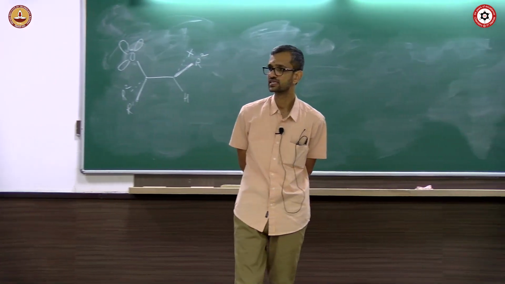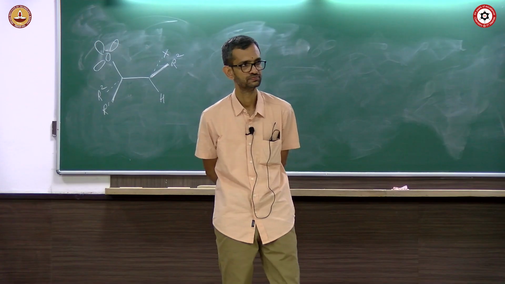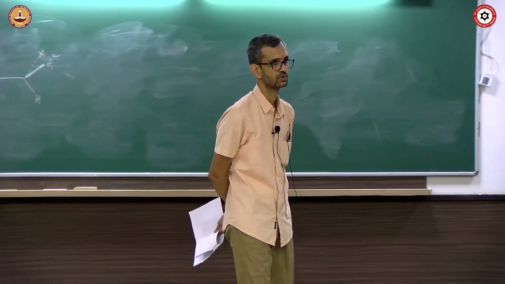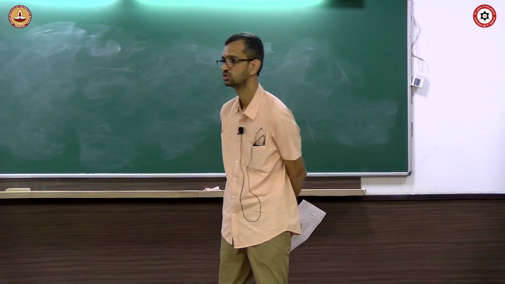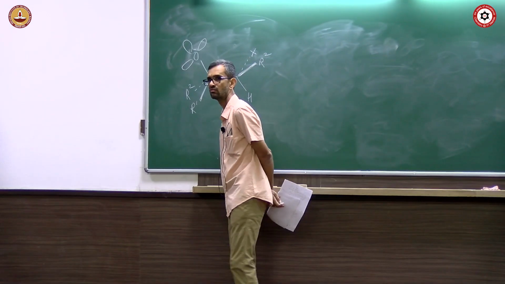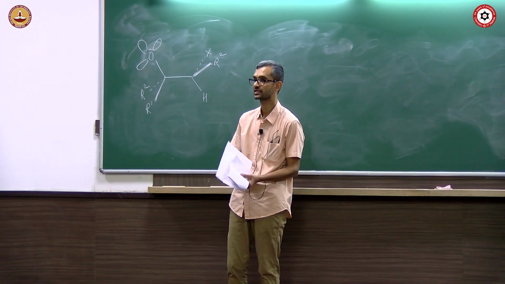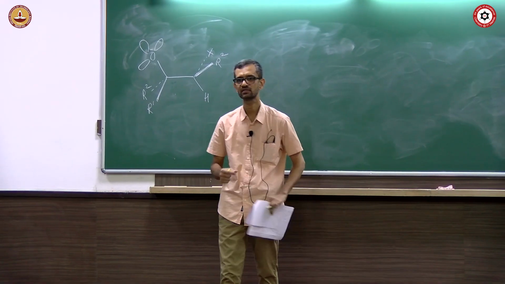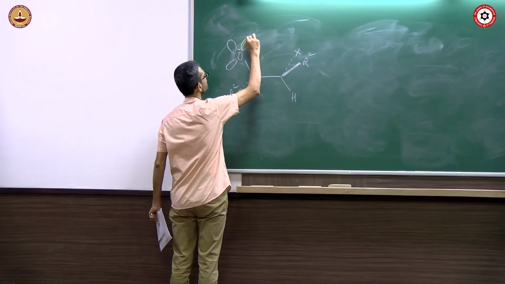What is the group that is going to migrate from this carbon, R1 or R2? R1. Do you see an anti-periplanar geometry for R1? What is the electron pair that is anti-periplanar? This particular one.